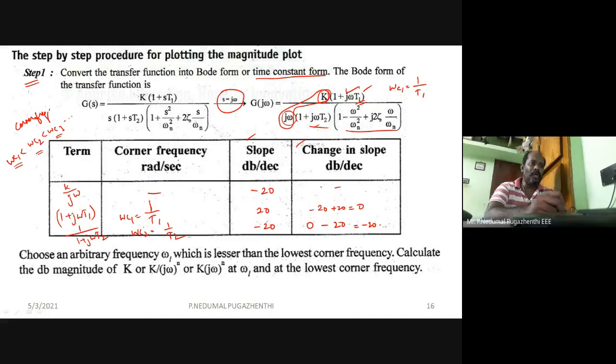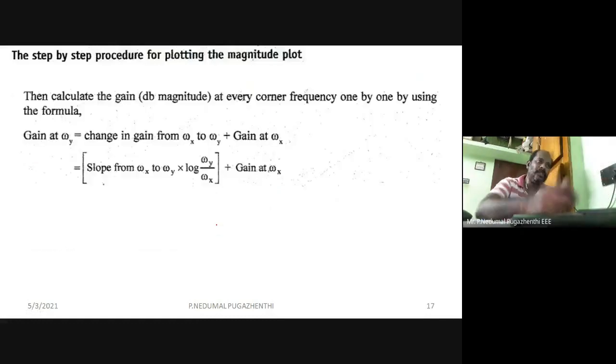Once you have found all these slopes and changes in slope, try to identify the magnitude value. The gain at omega y will be the change in slope, consecutively, plus the previous value of the gain.